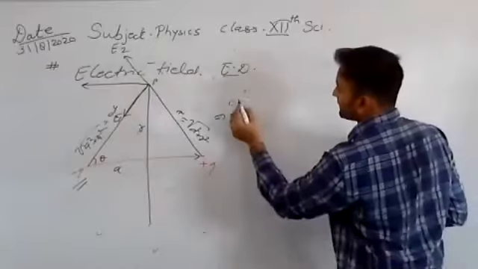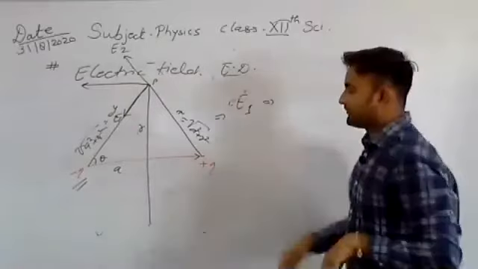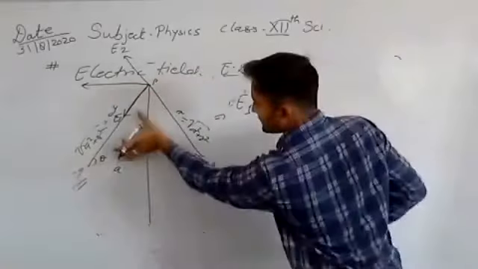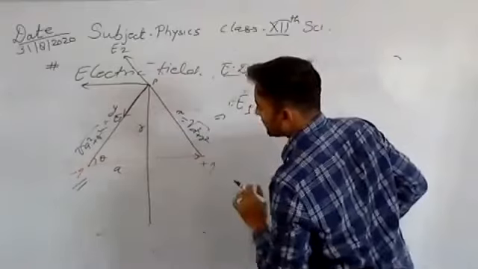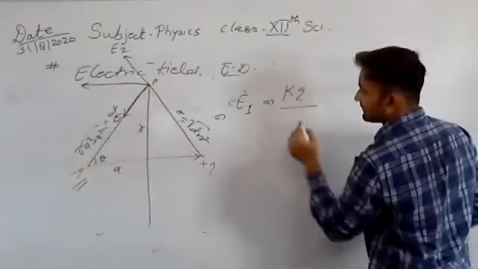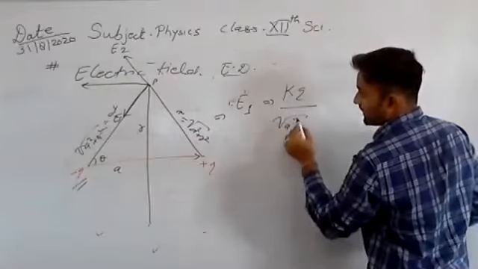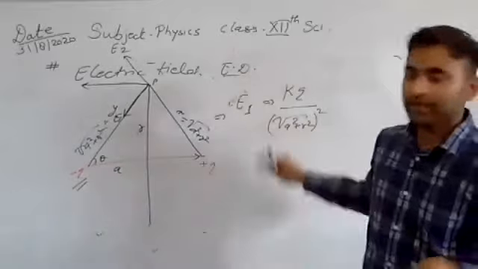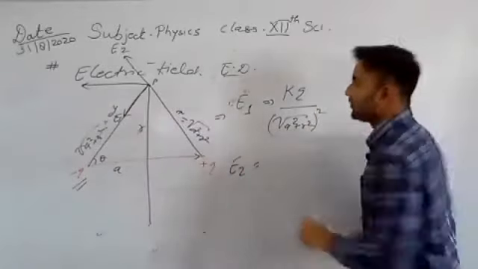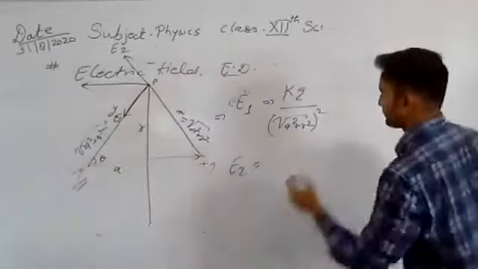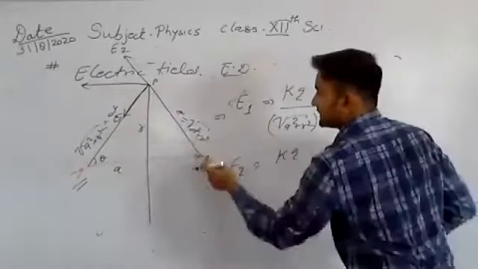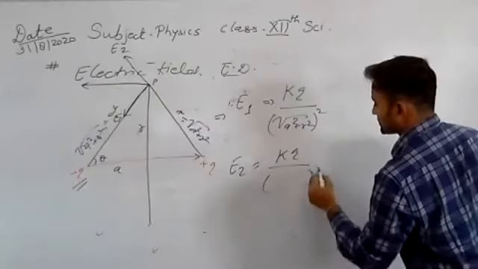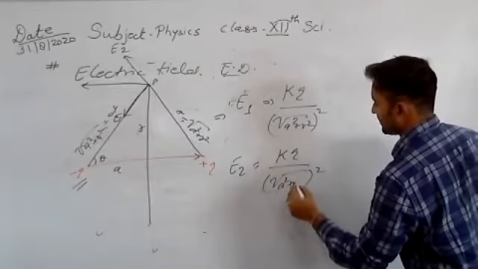So let us calculate E1. What will be the E1 here? E1 will be, the distance is root A square plus R square, so KQ divided by the square of root A square plus R square. Now E2 will be what? E2 will be the same because the distance is the same, root A square plus R square. KQ divided by the square of root A square plus R square.